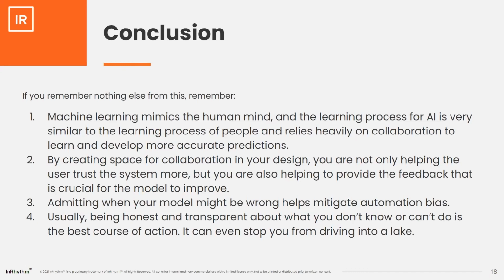And along the way, admitting when our model might be wrong really helps mitigate automation bias. If we can tell a user, yes, this prediction has an 85% certainty, and this prediction is only 35%, unveiling that level of trust internal to the AI can help make people trust it more too.